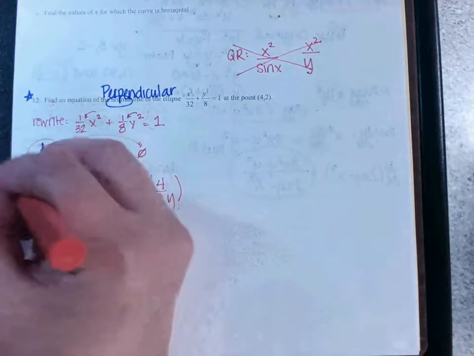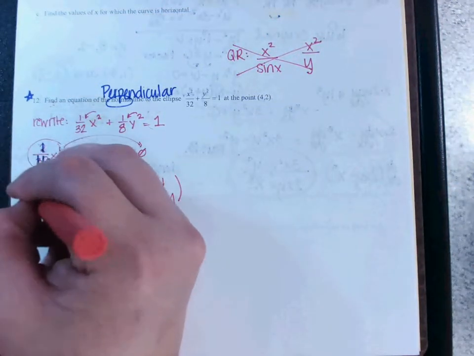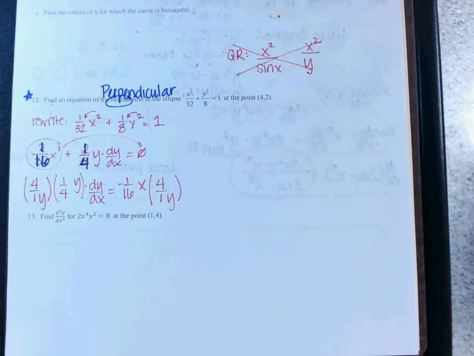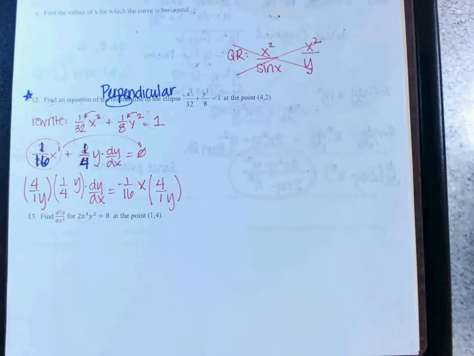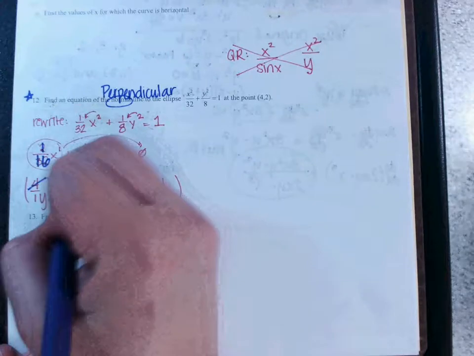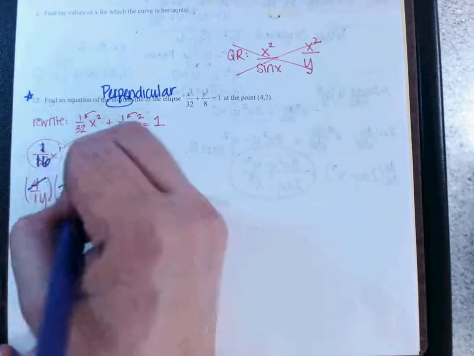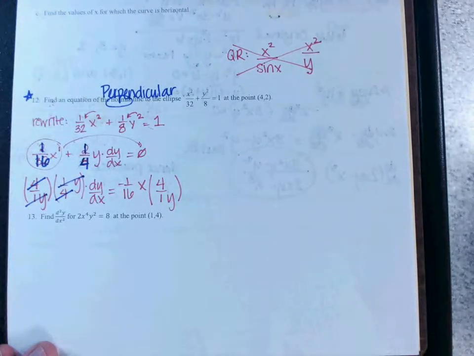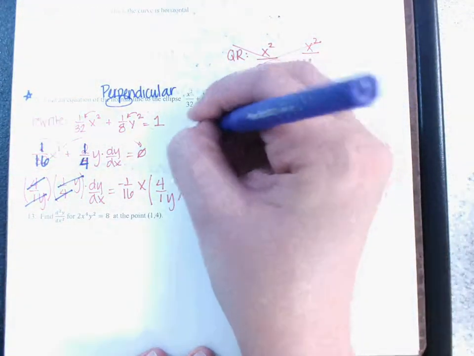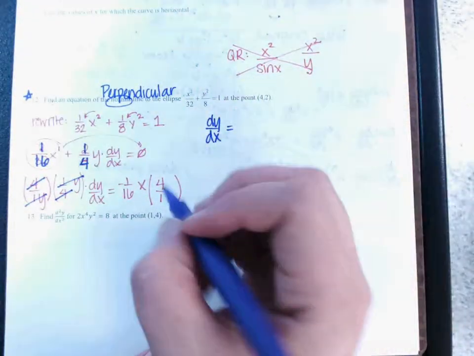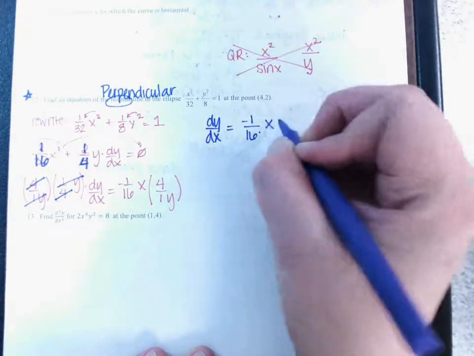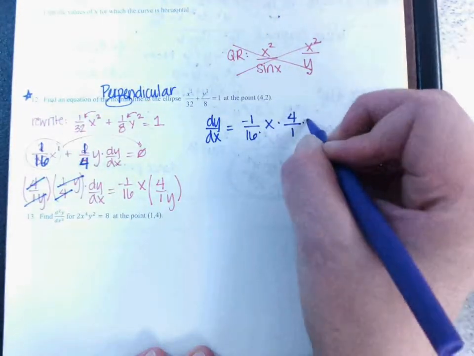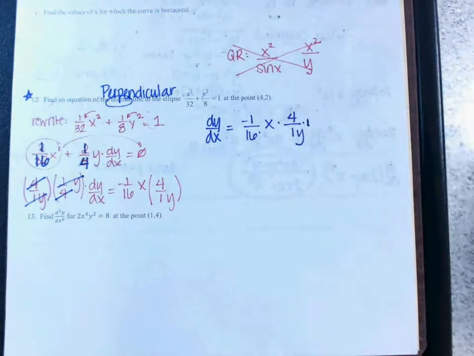Okay, and the reason that I'm doing that is 4 over 1 y is because that's the same as dividing, but rather than dividing by this as a fraction, I'm going to just think about multiplying by the reciprocal. So 4 on top, 4 on bottom, those are gone. 1 y on top, 1 y on bottom, those are gone. So my dy dx is going to be negative 1 over 16 times x times 4 over 1 times, oops, y was on the bottom.